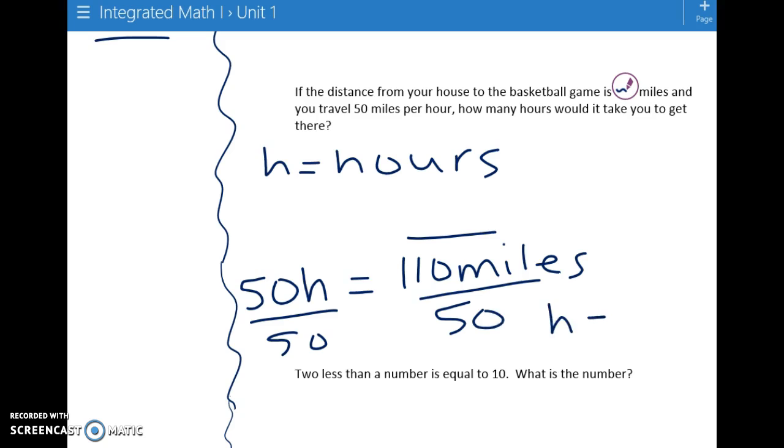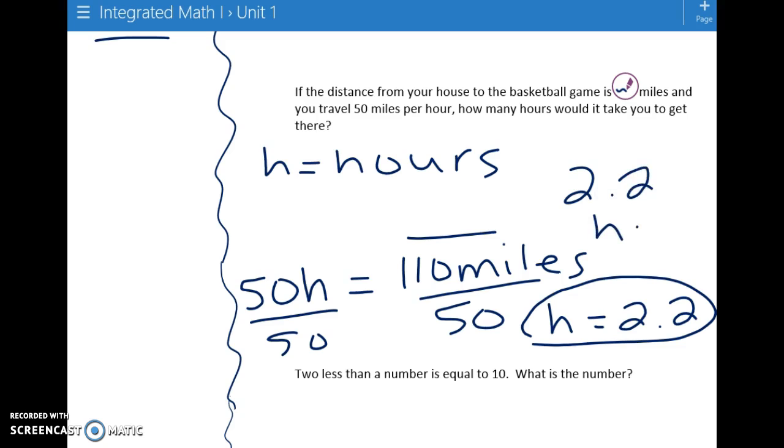And we get H equals 2.2, which is 2.2 hours. Now, do we think of hours in that way, 2.2? No. So we need to think about how does this translate to hours and minutes, but we'll deal with that in class. So for the meantime, let's just put 2.2 hours.